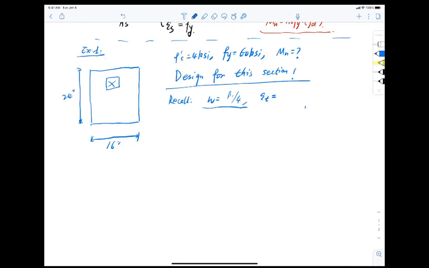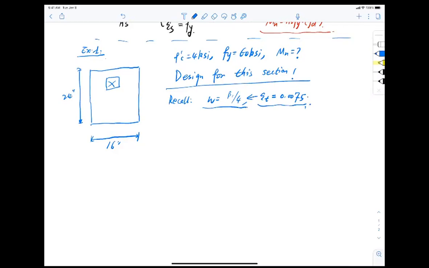Remember? Epsilon t equal to 0.075, folks. Remember that? That's what we assumed for a rectangular section, and that's how we derived the equation omega equal to beta 1 divided by 4.